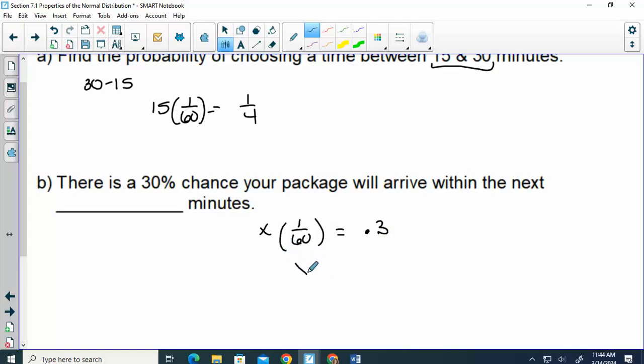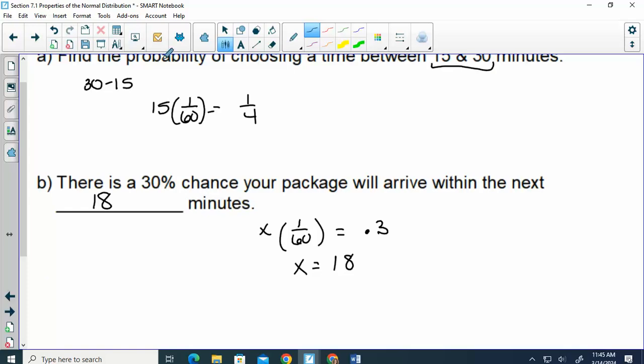Divide by 1 out of 60 or multiply by 60 and you get? So 30% chance they would show up in the next 18 minutes. All right. Any questions about the uniform distribution, finding those probabilities?